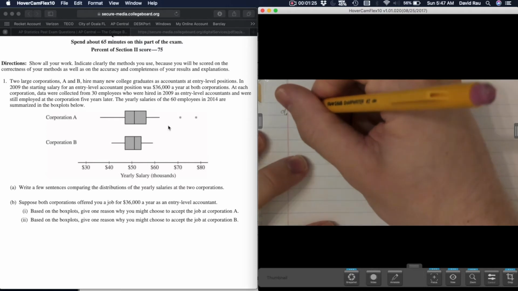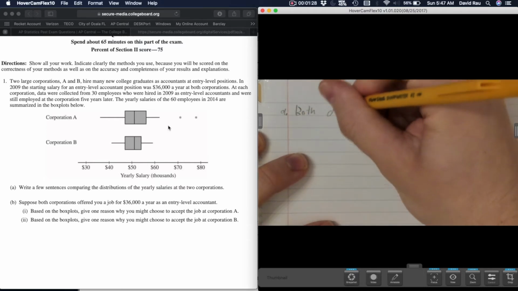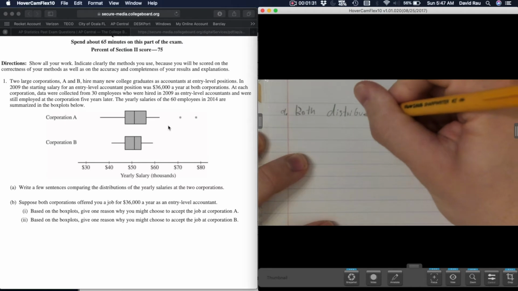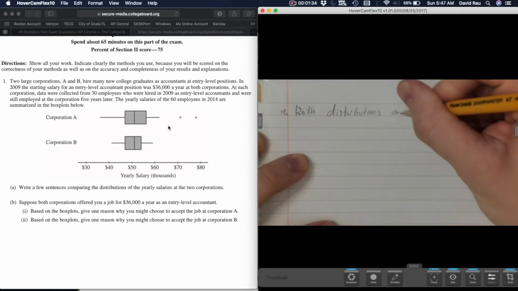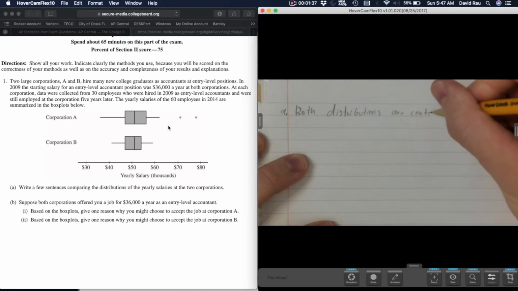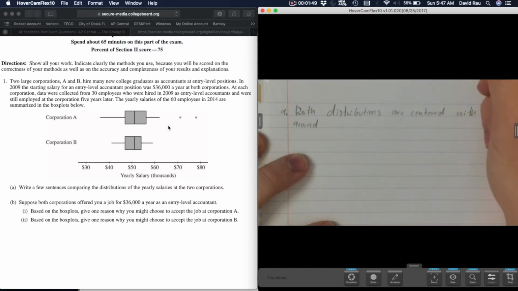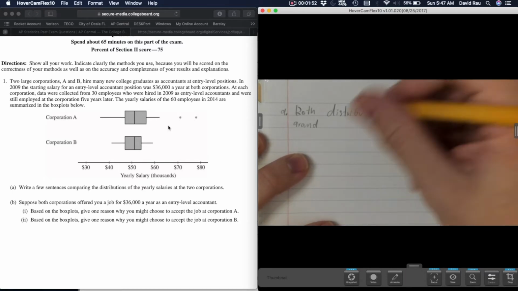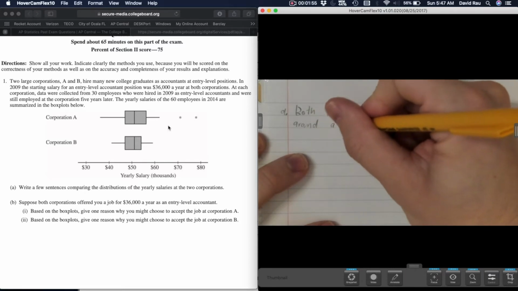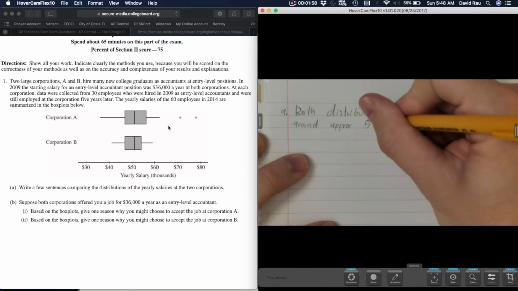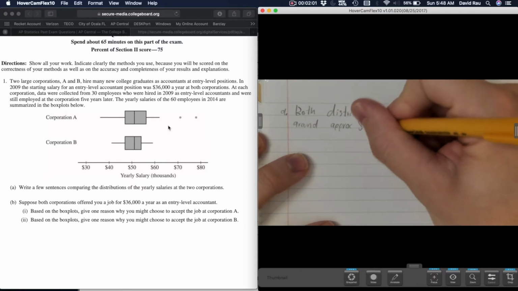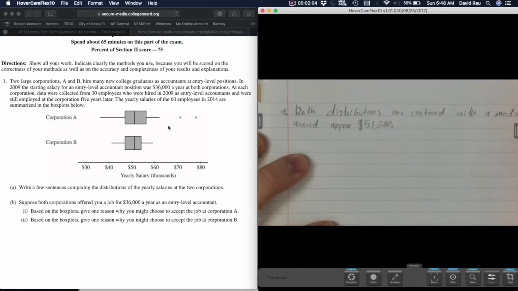So I'll say both distributions are centered with a median around, I don't know, I'll say approximately 51,000, maybe 51, 52.